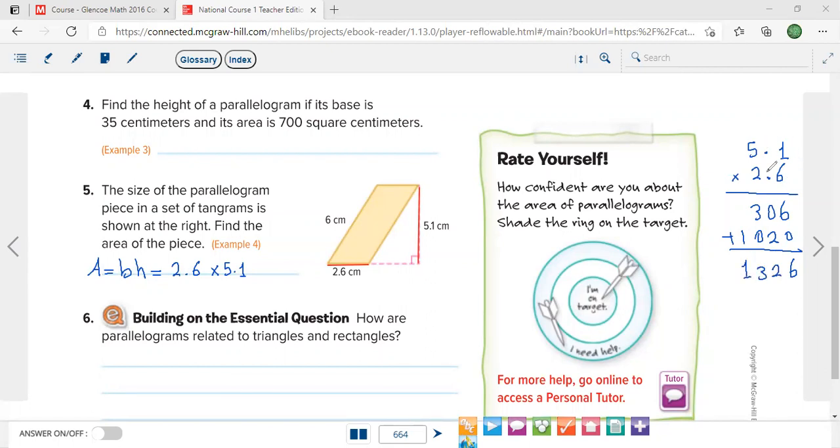Decimal point after 1 digit, after 1 digit, so after 2 digits will be exactly here. So this is going to be equal to 13.26. Here it is centimeters, so we say centimeters squared.